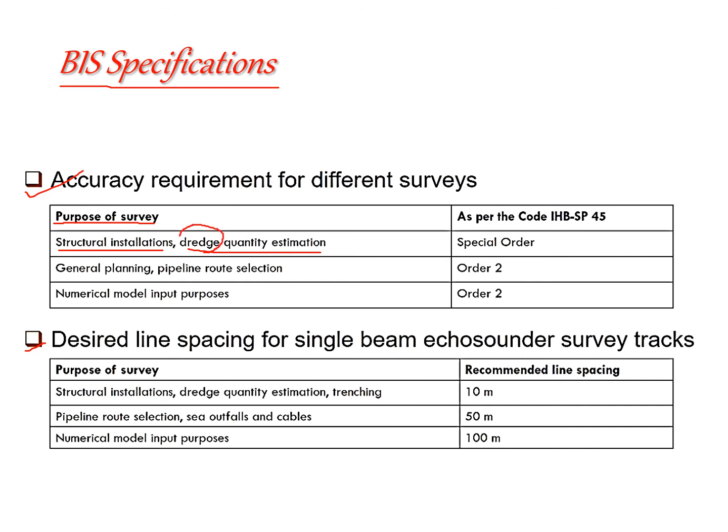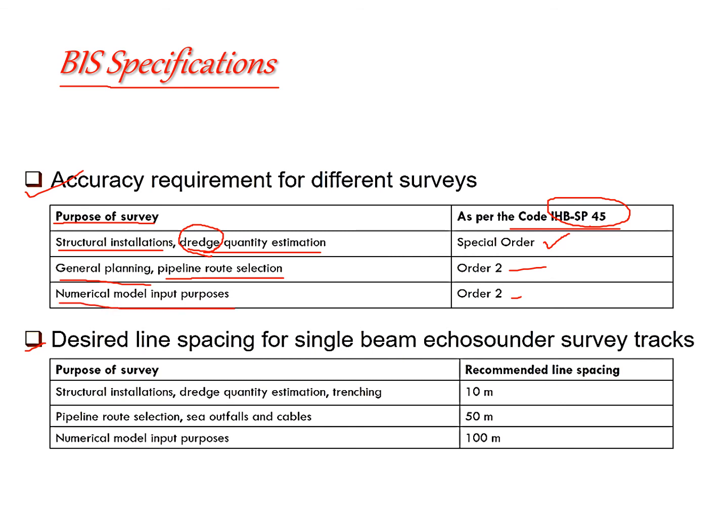Dredge means how much silt you have to excavate, and the survey to be carried out depends on this. This comes under special order, and all this follows the code IHB SP45. This is the code name, you need not bother about its meaning. Then for the purpose of general planning and pipeline route selection, we follow order 2, and for numerical model input purposes, order 2.